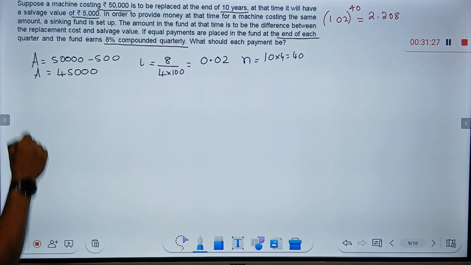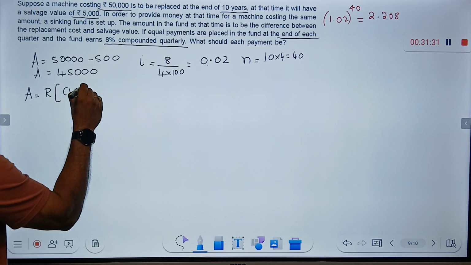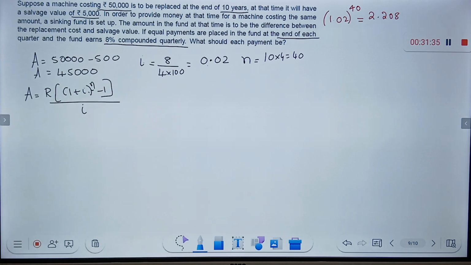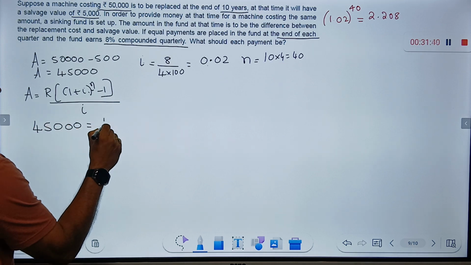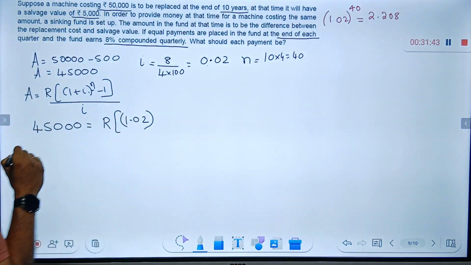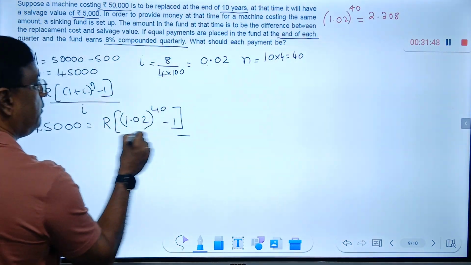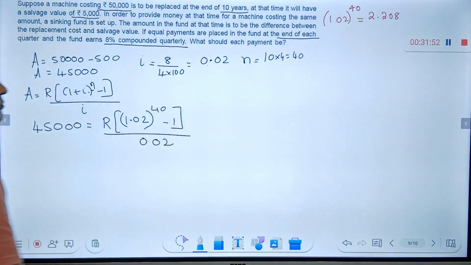Now what's the formula? Amount equal to R into 1 plus i power n minus 1 by i. Now what is the amount? It's 45,000 equal to R into 1.02 to the power 40 minus 1 divided by, what is i? 0.02.